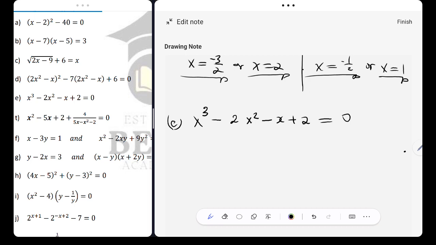You can factorize by factorizing a cubic function, but you can also get away with grouping.